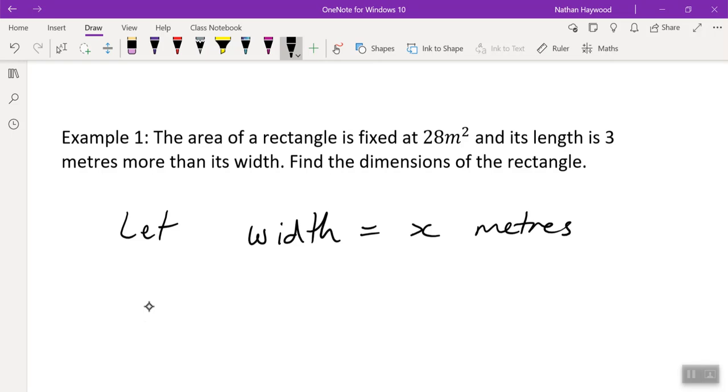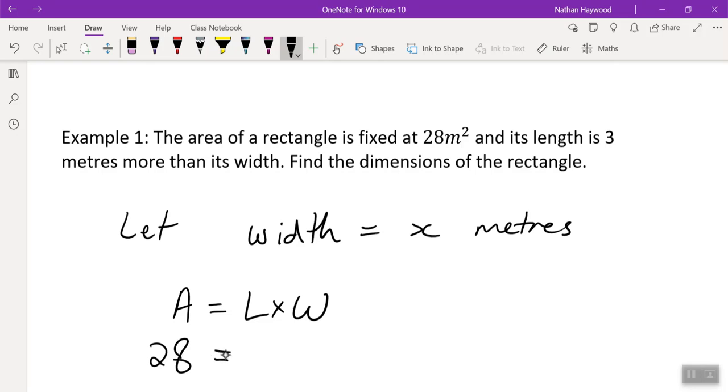No, try again. The area of a rectangle is length times width. So what is the area? 28 meters squared.